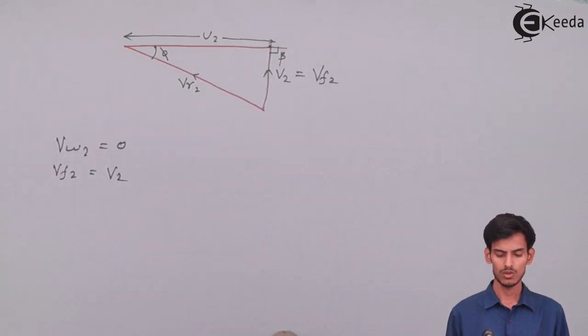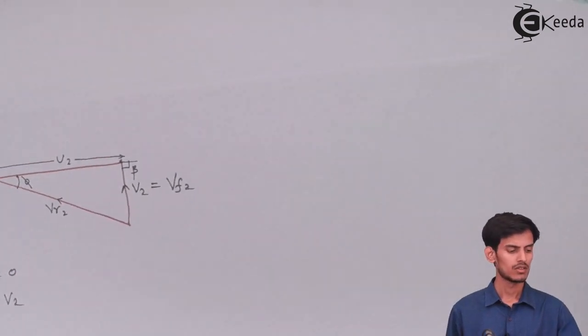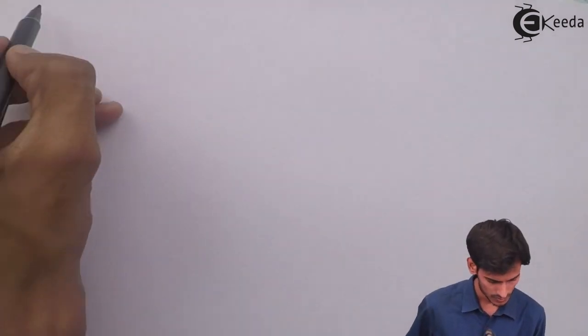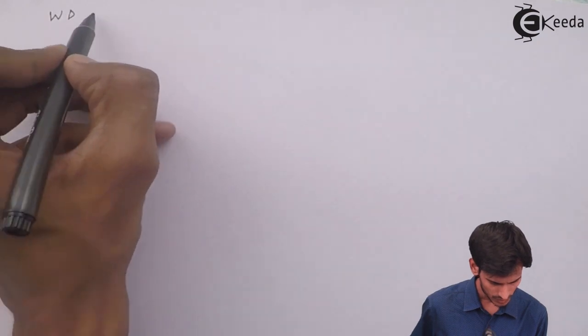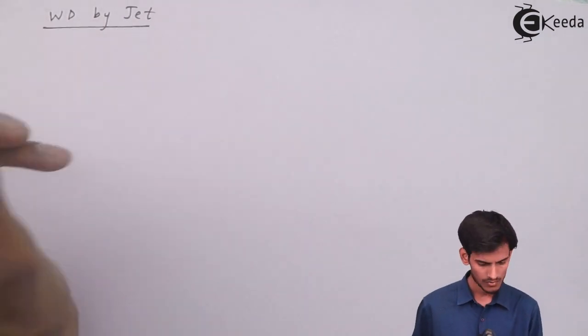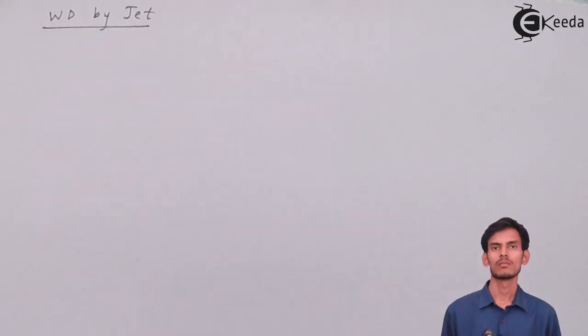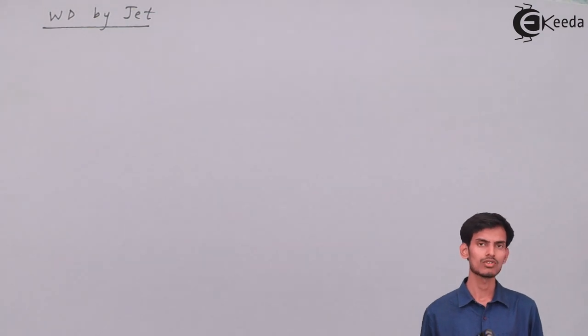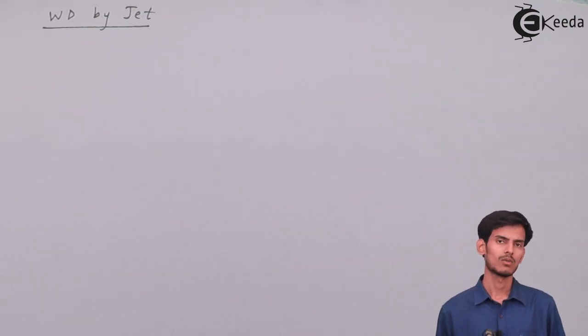Let's move on to the work done formulas for Francis turbine. So let's look at the work done by the jet on the Francis turbine. Before directly going on to the work done, let's go step by step. Let's look at what is the force exerted by the jet on the impulse turbine.